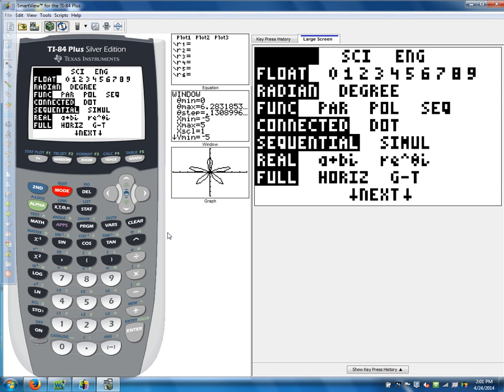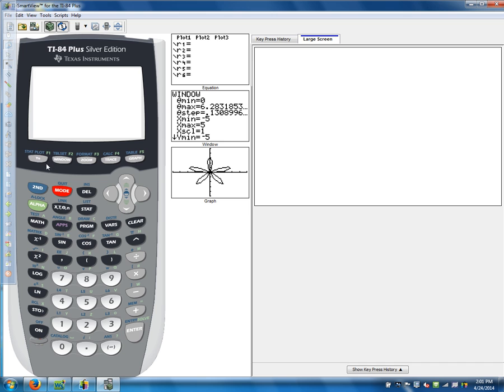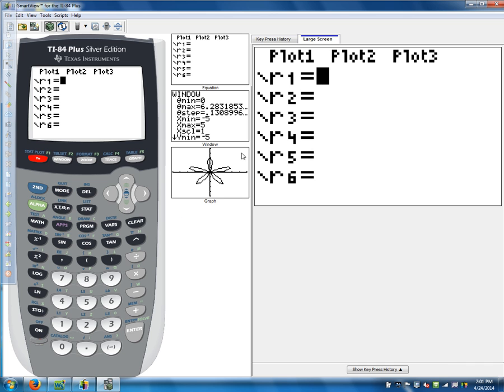When we talked about our calculators last time, we plotted parametric equations, so we went over to parametric. Now we're going to go over to polar. That's POL, which means polar. Hit enter. And now when I go to y equals, it says R1, R2, R3.